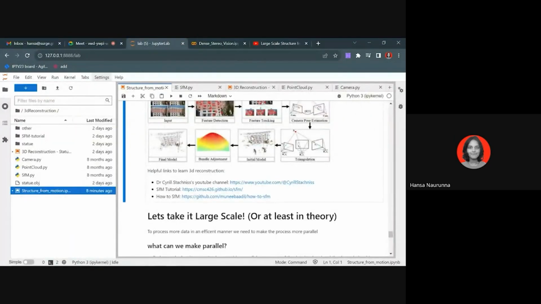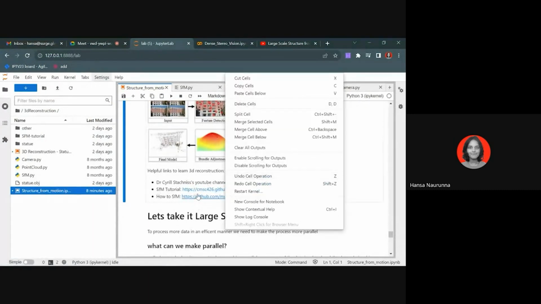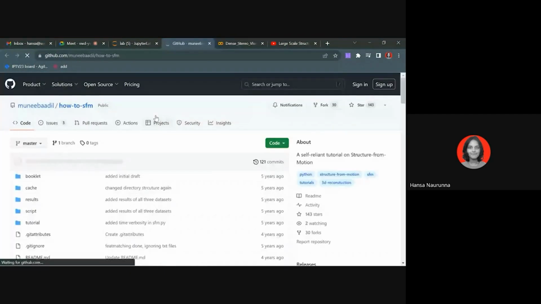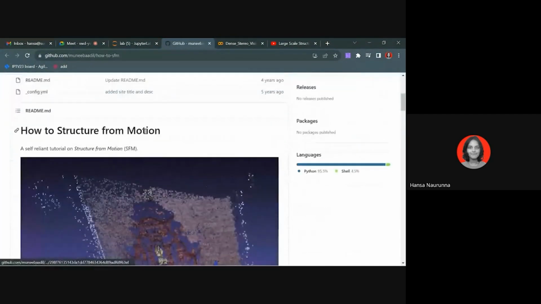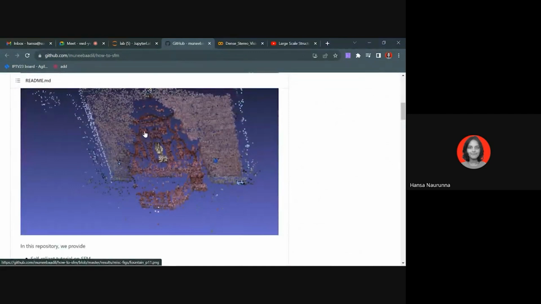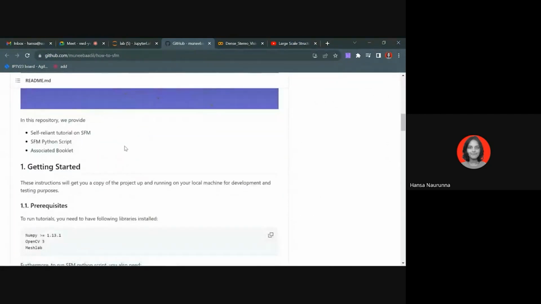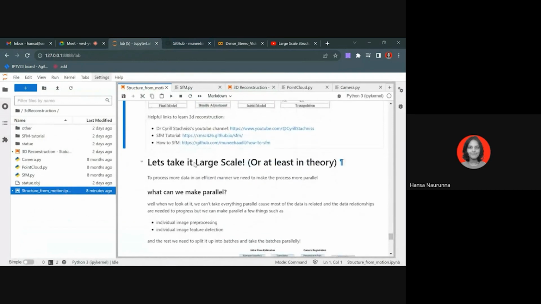And then we have this SFM tutorial over here. This is a step-by-step tutorial on everything I just mentioned, but done in a different way.